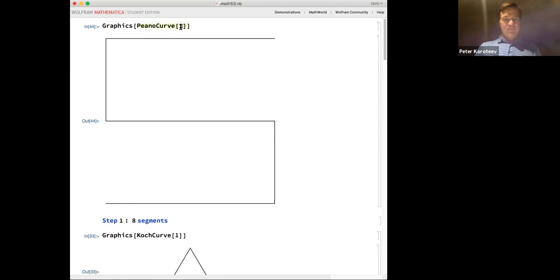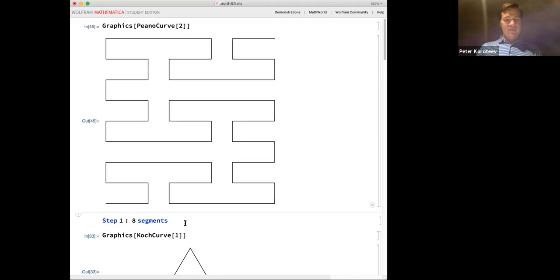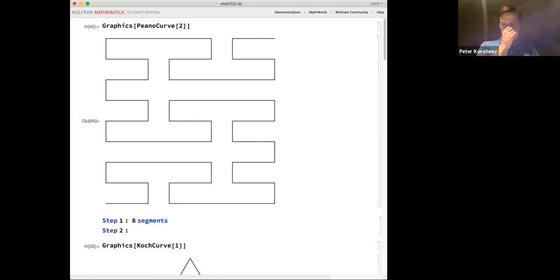Let's do step 2. How many do you have at step 2? I hope you can come up with some smart algorithm to count them.